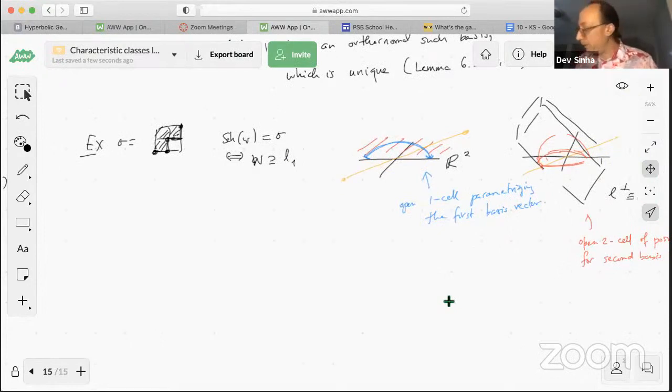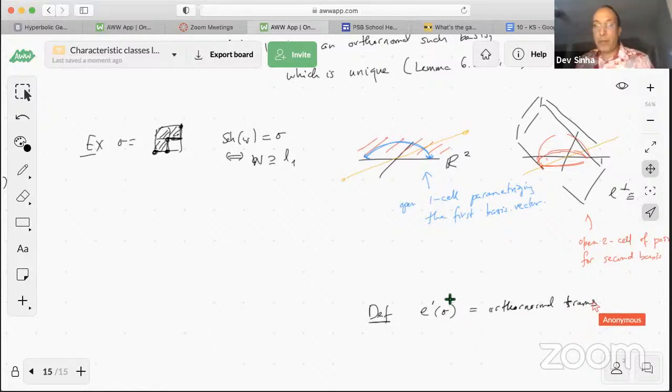So then the key definition: we're going to let E prime sigma be the space of orthonormal frames.